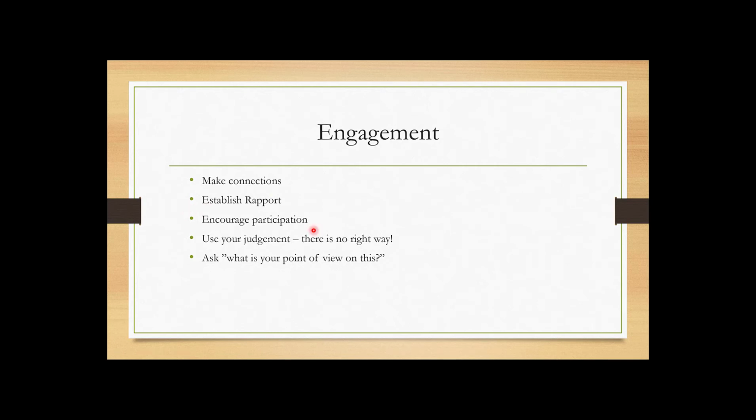You may choose to encourage participation by asking questions of the audience during your presentation. Again, use your judgment, obtain constructive criticism, and practice. There is no right way, but you'll figure it out as you practice. You may also choose to ask the audience's point of view of something, and that also allows you to gain some engagement.